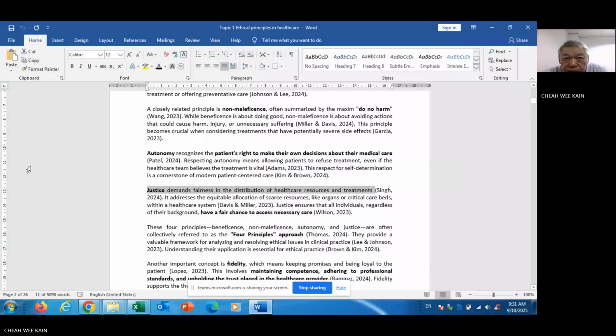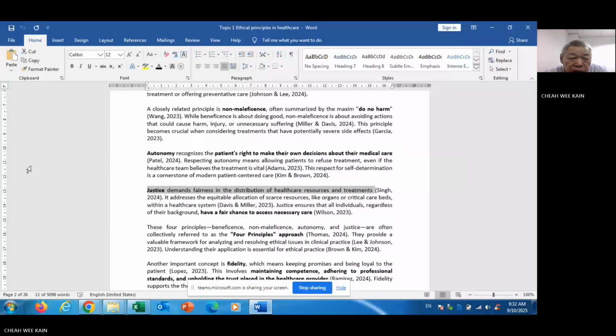Now, we know there will be a lack of resources, whether it's financial resources, machinery resources, things like beds, or the number of organs available for transplant. There's always a lack of resources. So sometimes the medical fraternity may have to make choices.